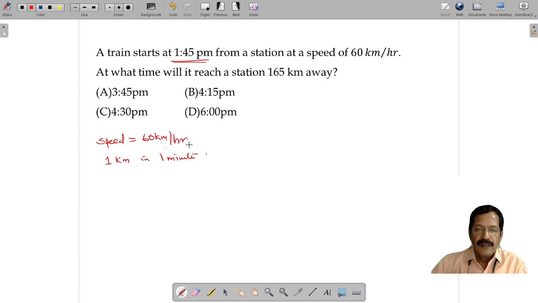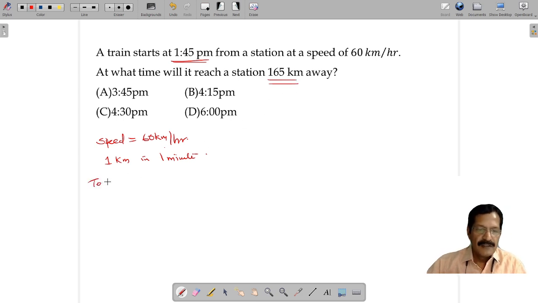Now, at what time will it reach a station 165 kilometers away? Here I am doing it in a direct way. For 1 kilometer 1 minute, so for 165 kilometers 165 minutes.